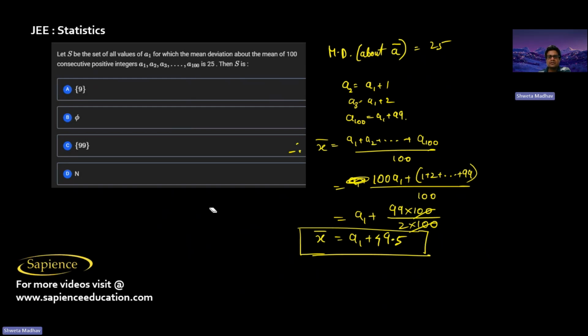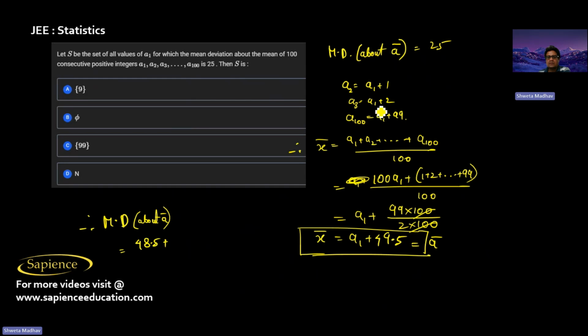Actually, mean deviation about the mean. So this is actually A bar. So now, therefore, the deviation about A bar will be equal to A1 plus 1 minus this, so this will be 48.5.